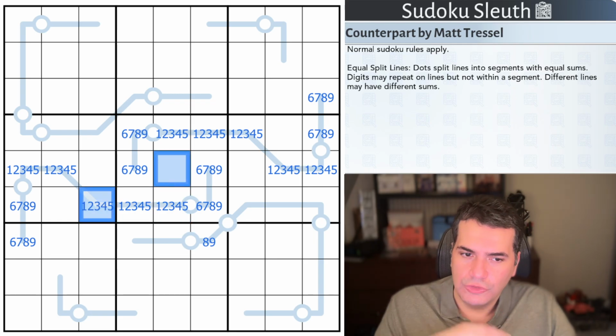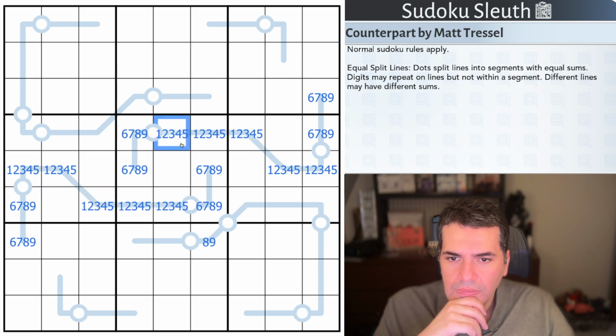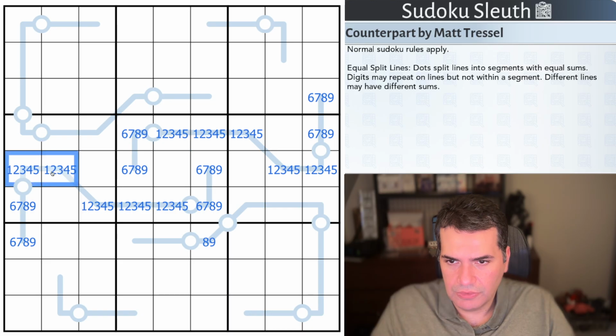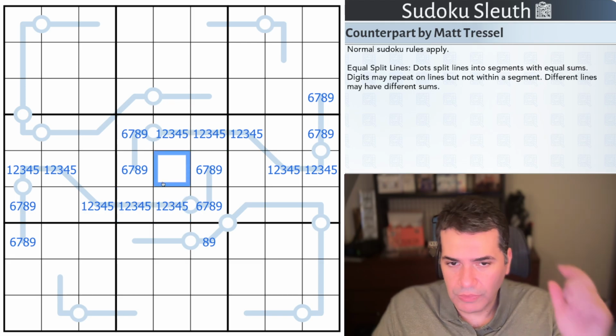The logic is wrong, because this cell, nothing stops it from being up here, does it? I get that I only have 4 of 1, 2, 3, 4, 5. And therefore this is the 5th one.